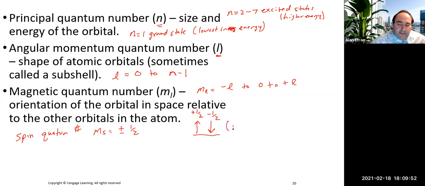This is what is referred to as paired spin. The reason for that is Pauli's exclusion rule, which means that no 2 electrons can have the same 4 quantum numbers.